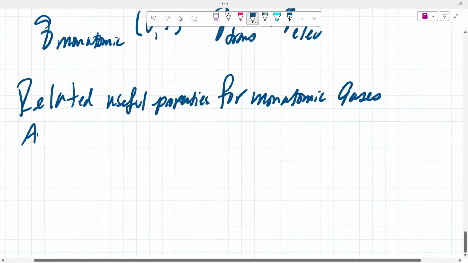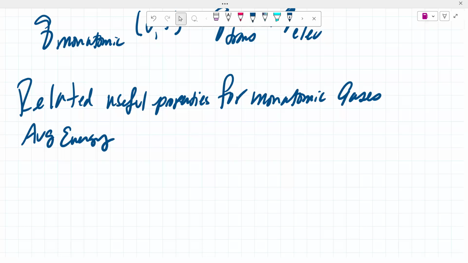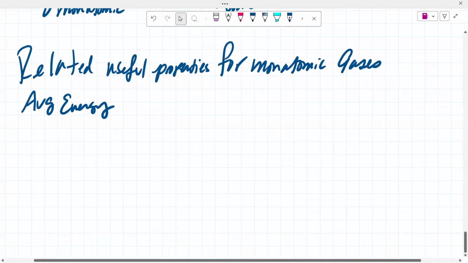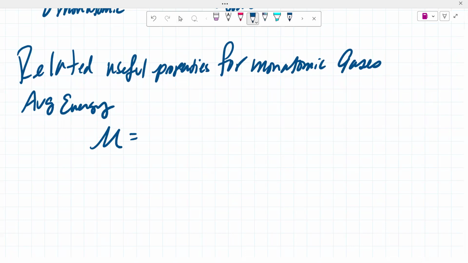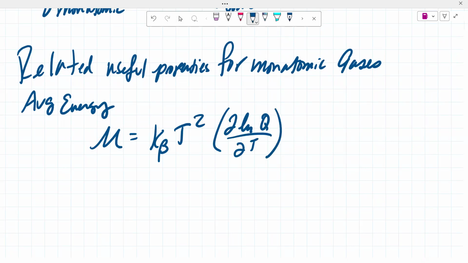Average energy. U, the internal energy, equals k_B T squared times d ln Q over dT, for constant N and V. This is the total for a monatomic gas.